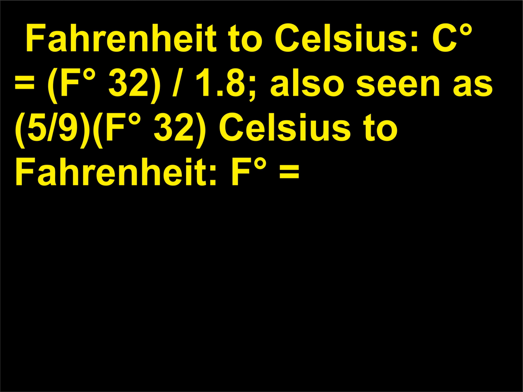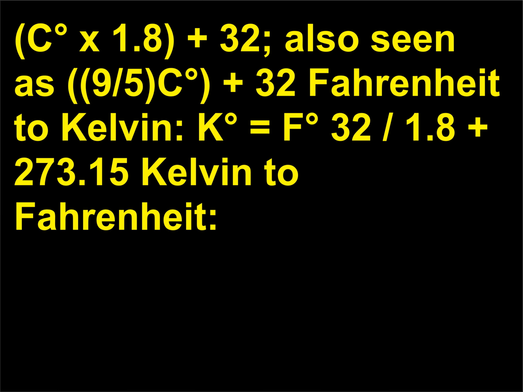Fahrenheit to Celsius: C degree equals F degree minus 32 divided by 1.8, also seen as 5/9 times F degree minus 32. Celsius to Fahrenheit: F degree equals C degree x 1.8 plus 32, also seen as 9/5 times C degree plus 32.